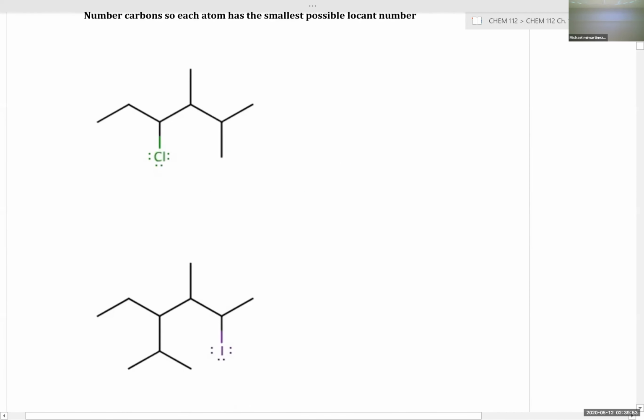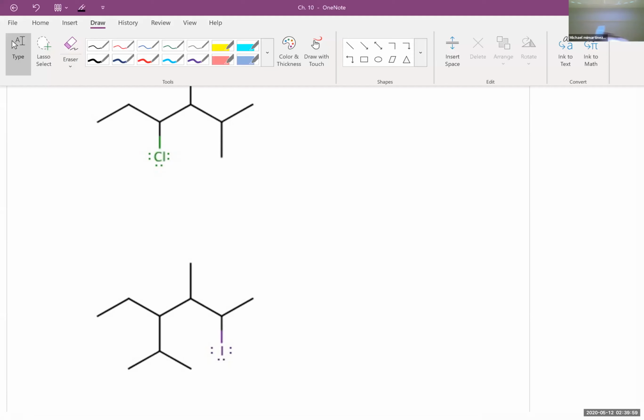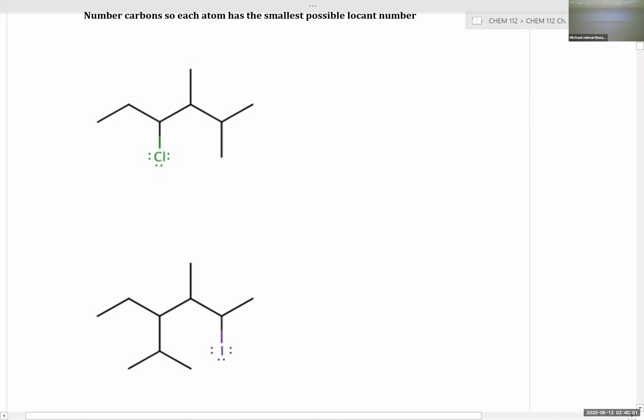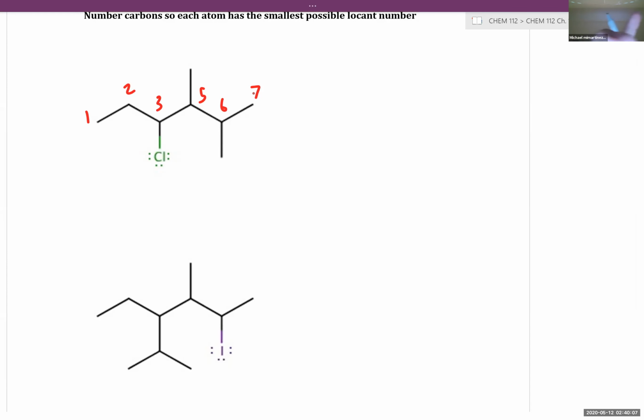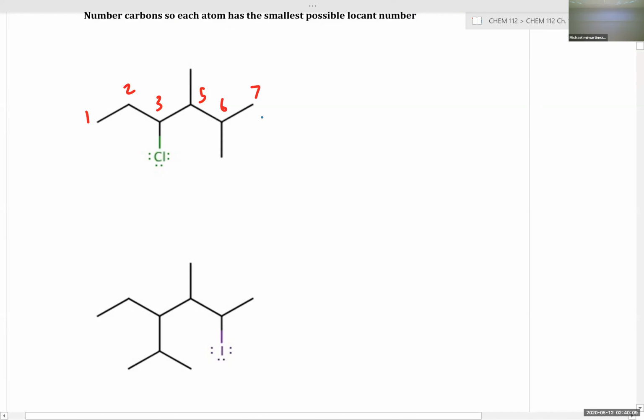So let's do a few examples now. I'll do the first one and you'll do the second one. First we're going to entertain all of our different numbering possibilities for the longest chain. So let's consider if we numbered from left to right, and let's consider if we numbered from right to left.